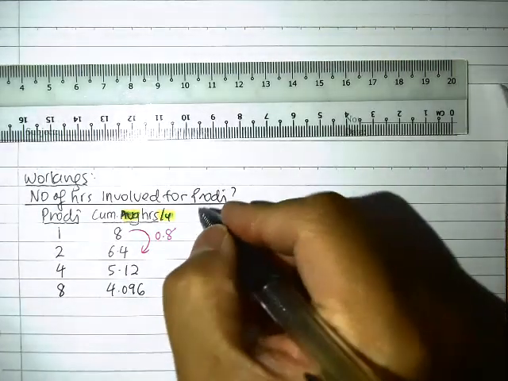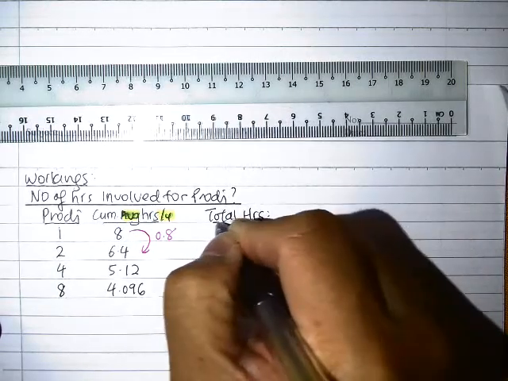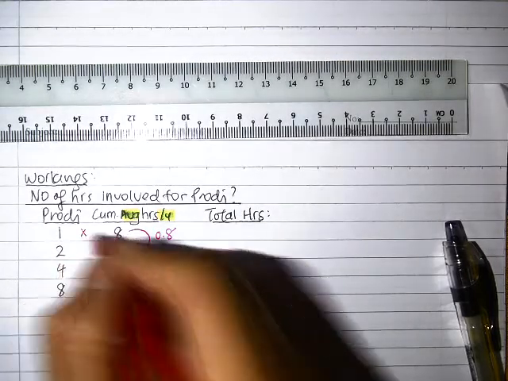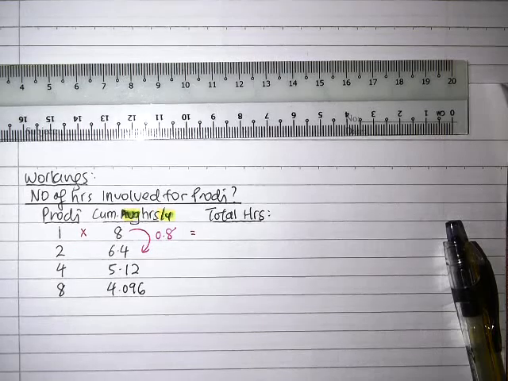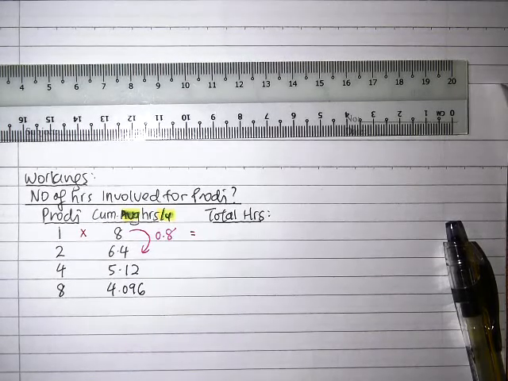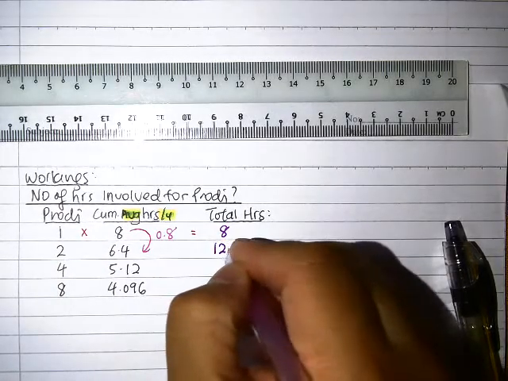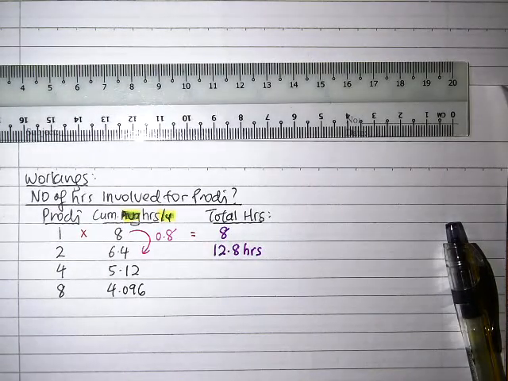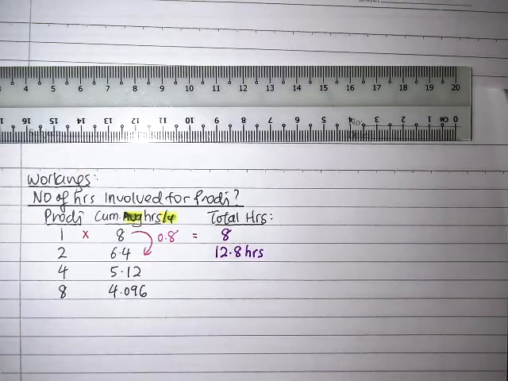Now we have the total hours for production, which you can determine by multiplying the units by your average. So you have 8 hours to make 1 unit, and 12.8 hours to make 2 units, the first and the second.